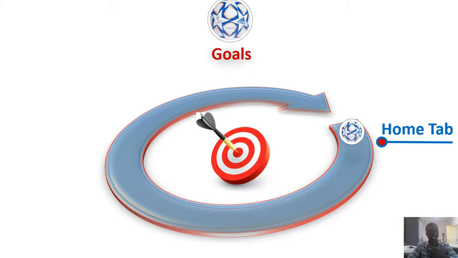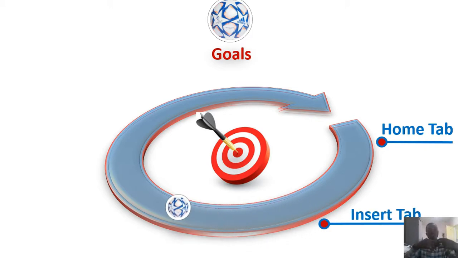We will talk about the home tab, which is the main tab of Microsoft Office PowerPoint, where you have Clipboard, where you can edit text, paragraphing, and other things. And then we will also talk about the insert tab, which is mostly used when you want to insert objects into the PowerPoint slide.